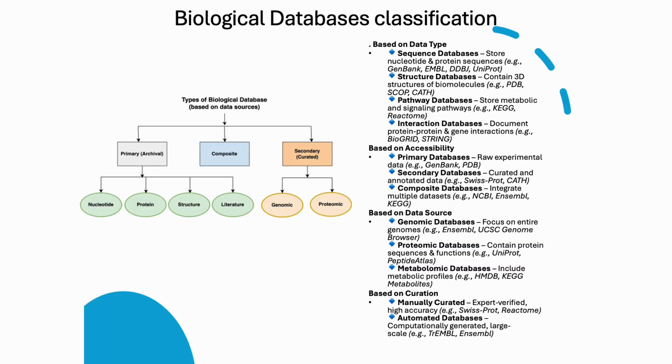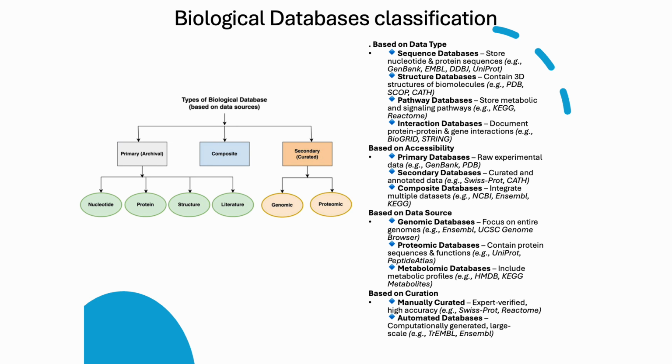Broadly, biological databases are classified as primary, secondary, and composite. So, the key feature of primary databases is that data submission is enabled. That is, your data from your research is submitted to these databases.